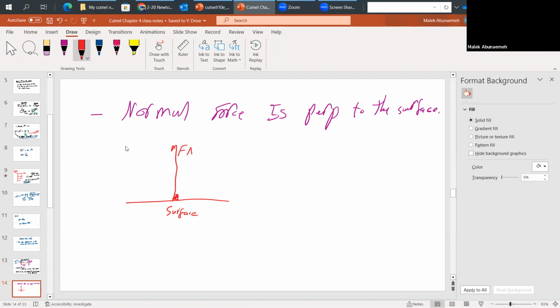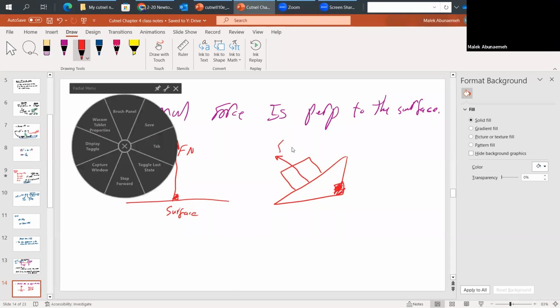And that's your FN going in this way. And this one, let's say it's on an incline and you have a box, so this will also be your normal force, going perpendicular to that surface.